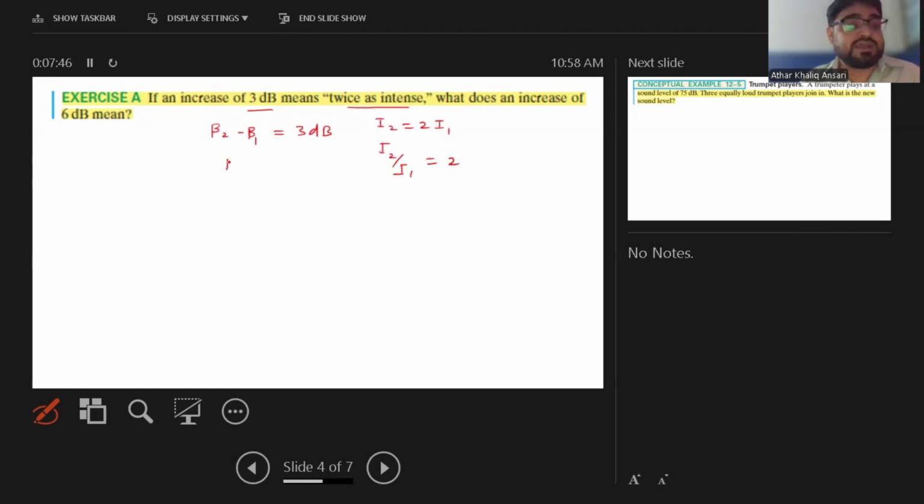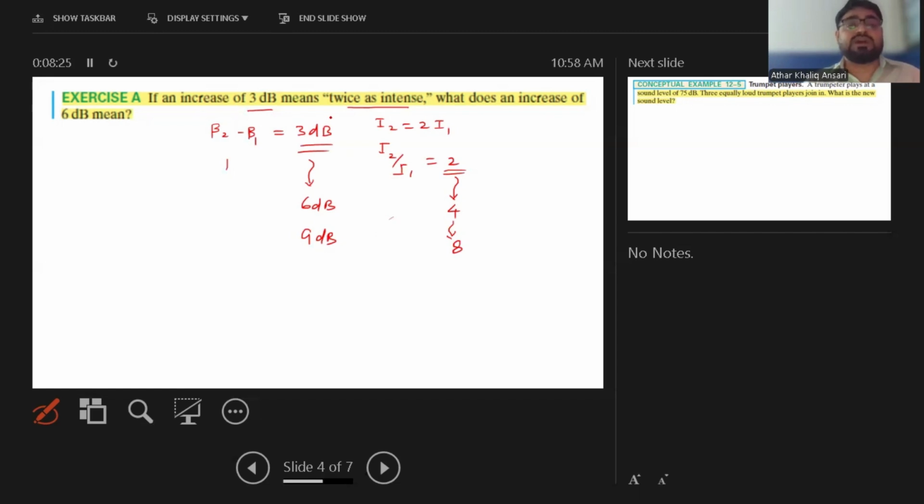Now, the logic says if this 3 doubles to 6 decibel, this 2 will become 4. If 6 goes to 9 decibel, 4 will change into 8. So as you increase by 3 decibel, the sound intensity ratio will double. Whatever the previous value is, it will become double.